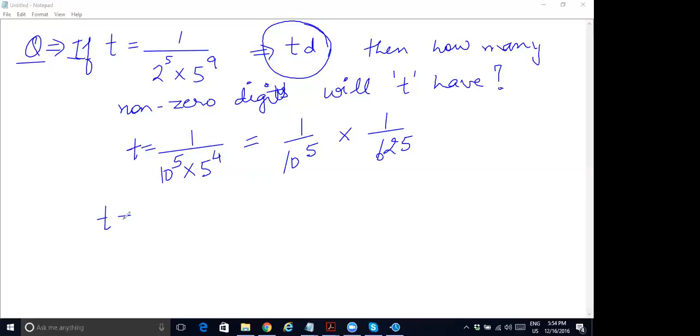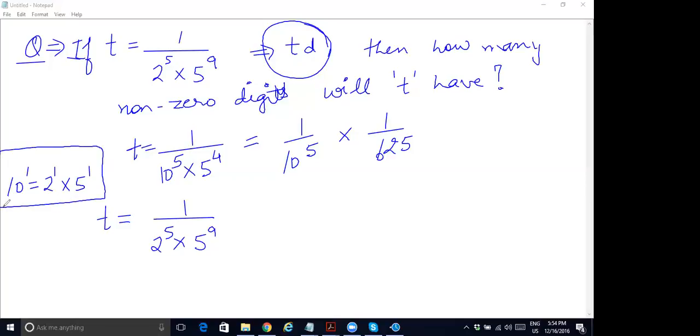If t is equal to 1/2 to the 5 times 5 to the 9, we know that a 10 is 1 two and 1 five. Now the objective should always be to minimize the calculation.